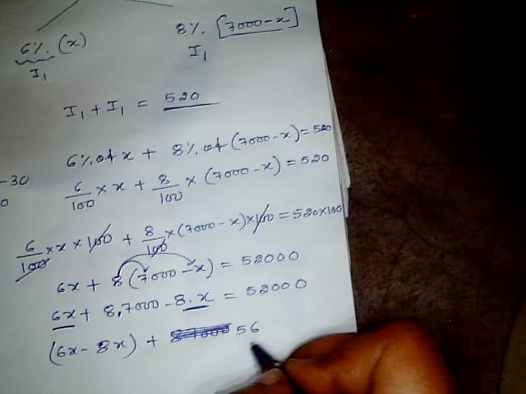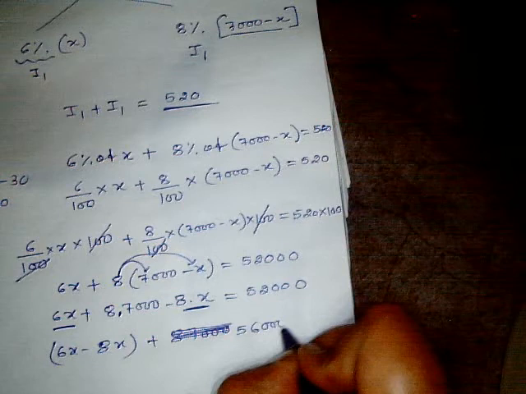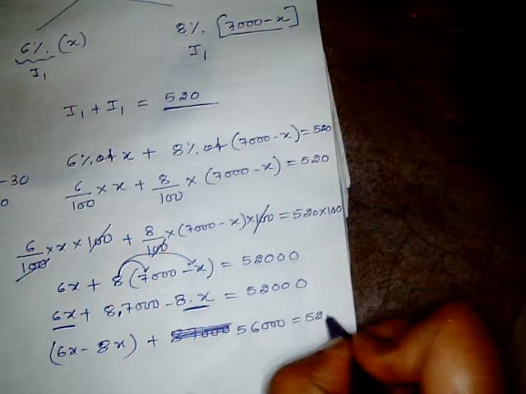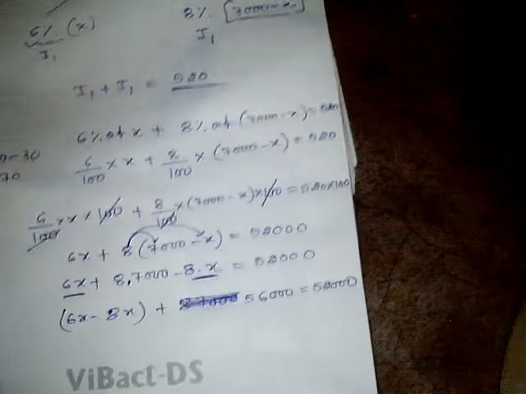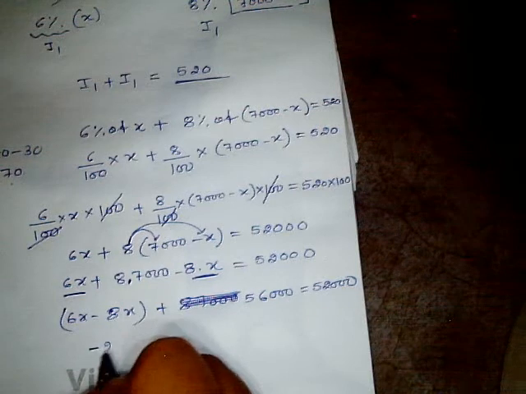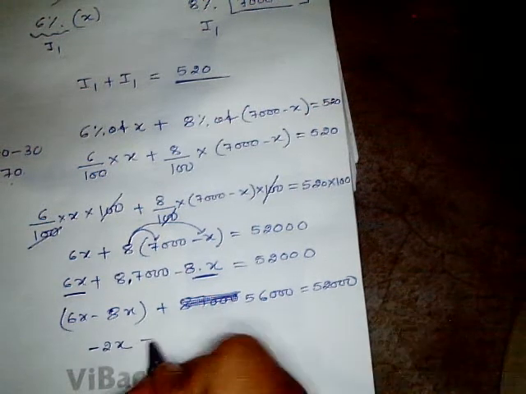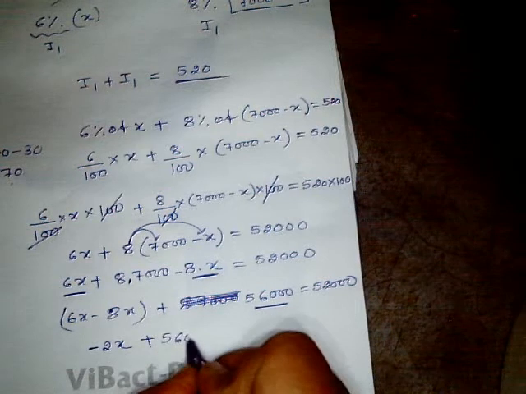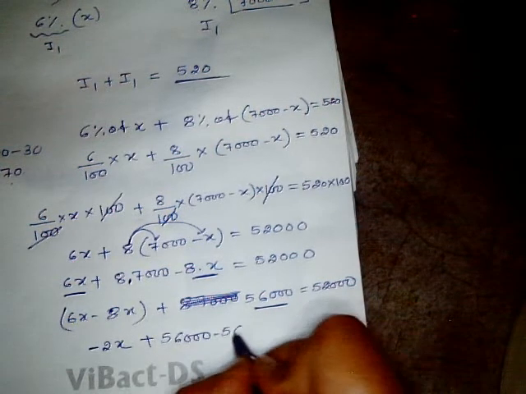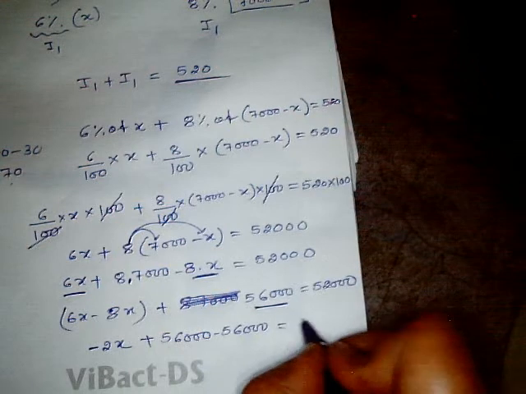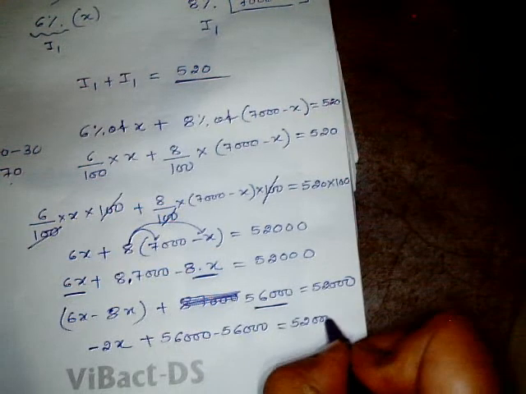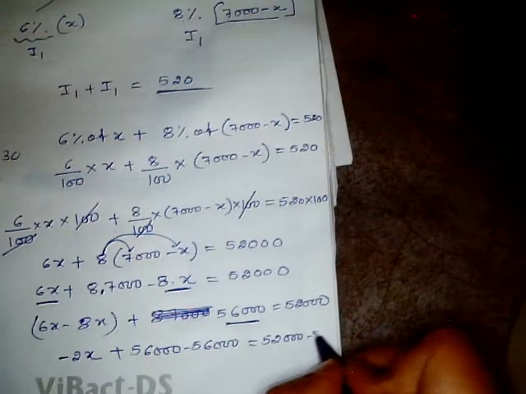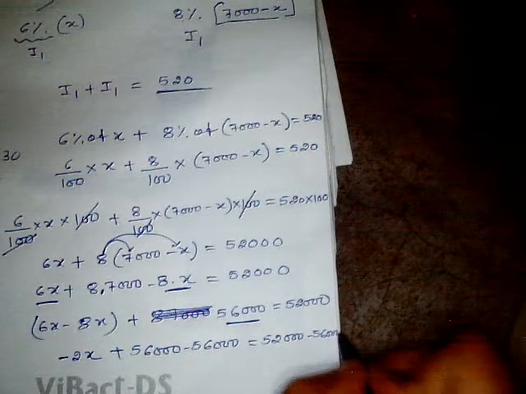This is going to be negative 2x. I need to shift this 56,000 to the other side, so I add negative 56,000 to both sides. This cancels out, so what is left is negative 2x equals negative 4,000.